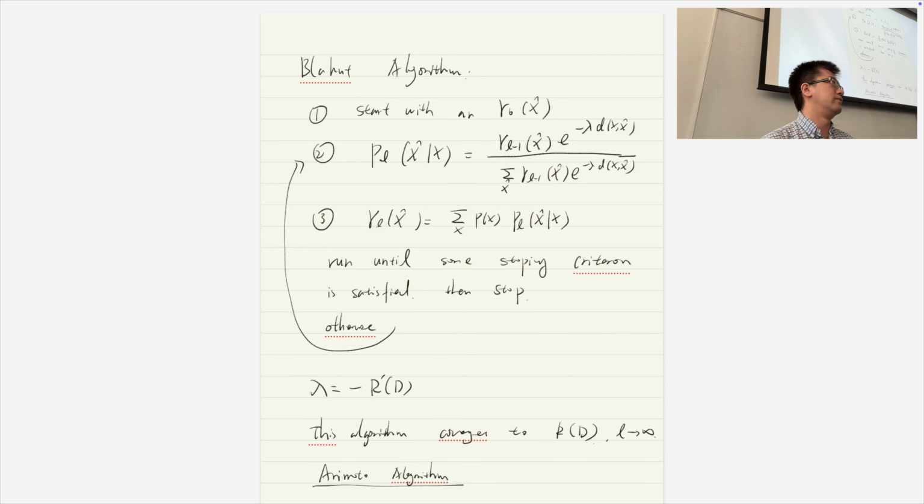This is not the only form. You can check the book or online to see other forms of it, but the idea is similar. So this is the Arimoto-Blahut algorithm. By using this approach, we can compute the function numerically.